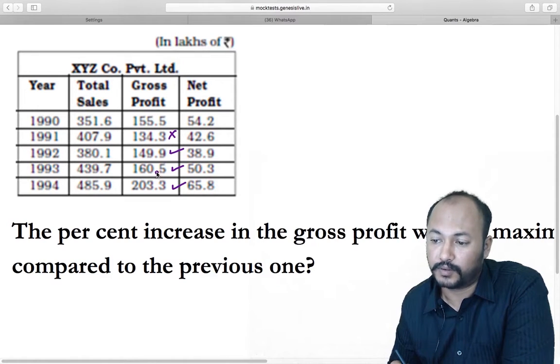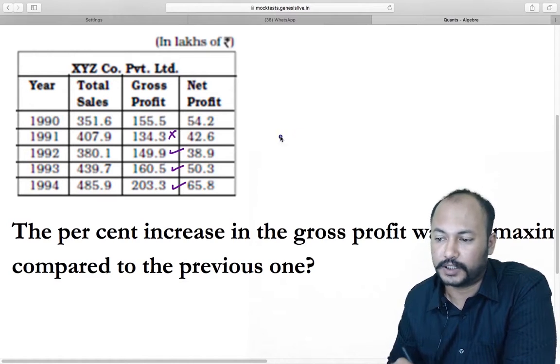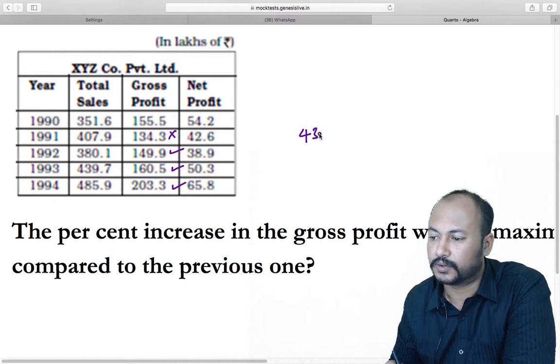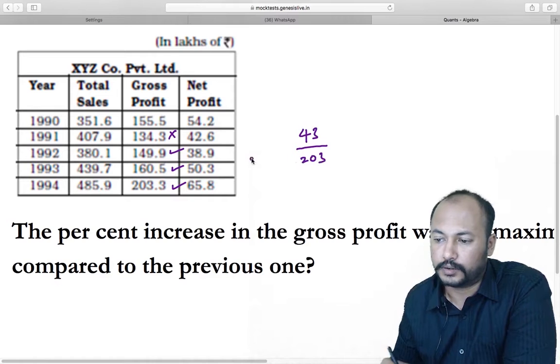Fine. Look at 94 and 93. The difference is huge. That is around 43, approximately 43. Anyways, don't worry. So then 43 out of 203. Then in this case you have 11 out of 160, and then you have 134, 149.